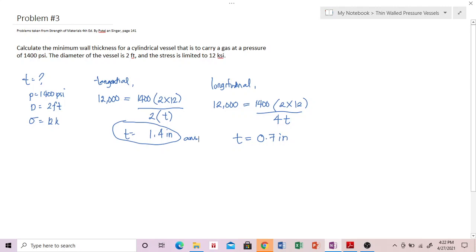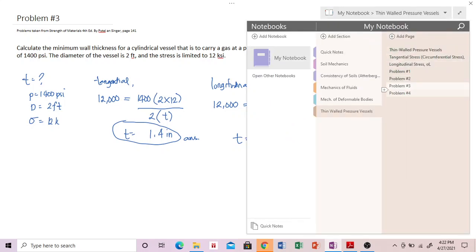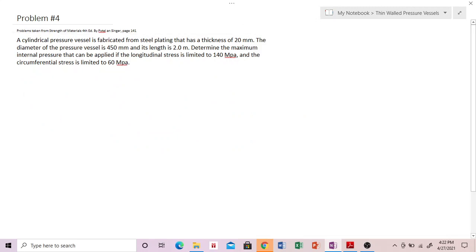Or the idea. Okay, for the last problem, a cylindrical pressure vessel is fabricated from steel plating that has a thickness of, okay, what is the thickness? Thickness is equivalent to 20 mm and the diameter of the pressure vessel is 450 mm, the length is 2 meters.